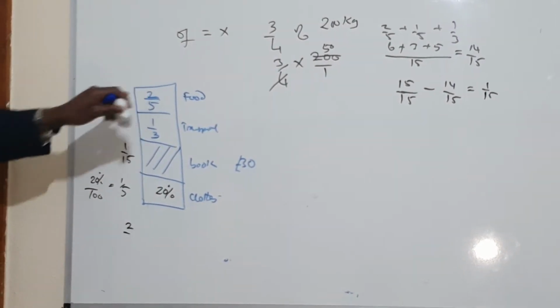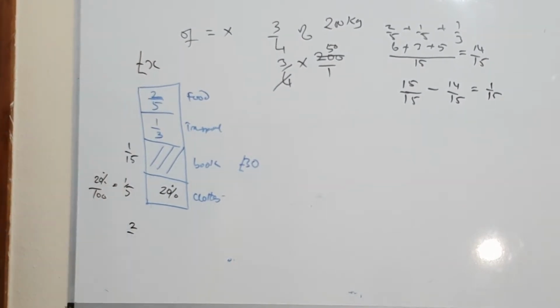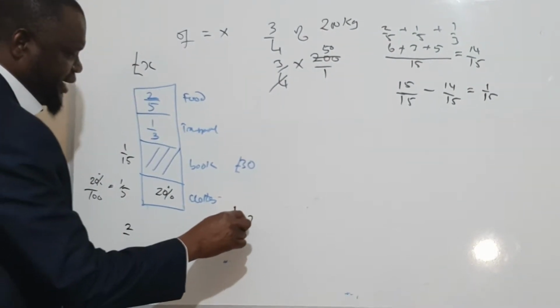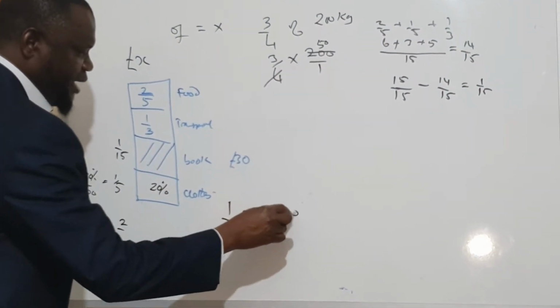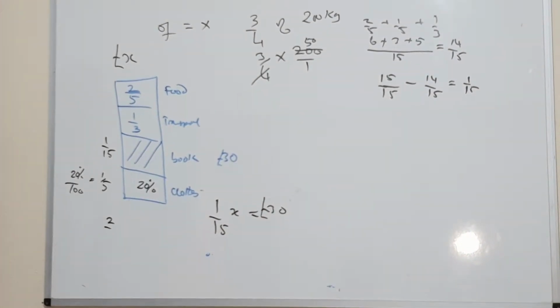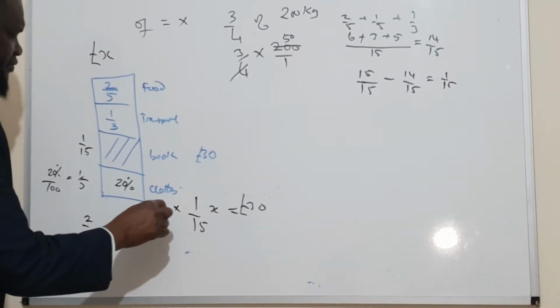But we don't know how much he actually went to the market with. X pounds. But we know 1/15 times that whole amount gave him 30 pounds. Now our mathematics comes. To get rid of the fraction, we multiply both sides by 15.